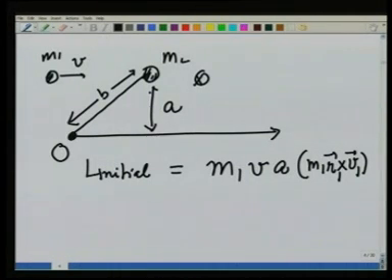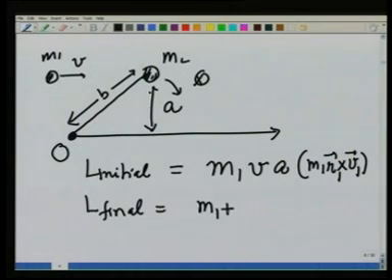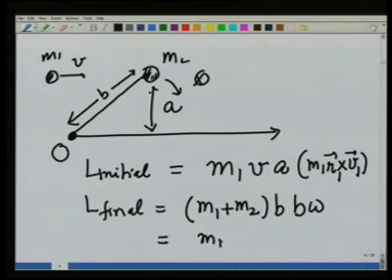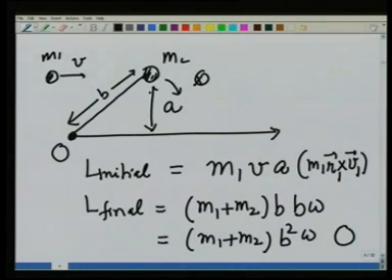After the masses get stuck and they start moving with angular speed omega, L final is going to be, now the masses m1 plus m2 will be moving with speed omega. So, therefore, the velocity is going to be b times omega, and times b gives me L final, which is m1 plus m2 times b square omega. Again, the direction being into the plane of this paper.